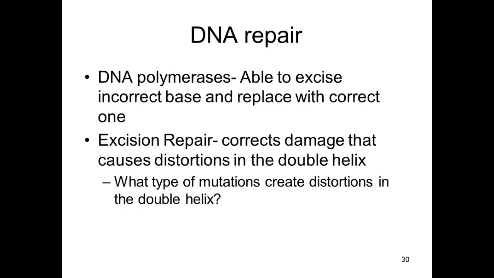Yeah, a double ring with a double ring, so a purine with a purine, or a pyrimidine with a pyrimidine, where it's supposed to be purine and pyrimidine. We're supposed to have 3 rings across, but instead we end up with maybe 2 or 4, right? That would create a distortion. So those are base substitutions where you're switching the different types of nucleotides, not staying within the same group.